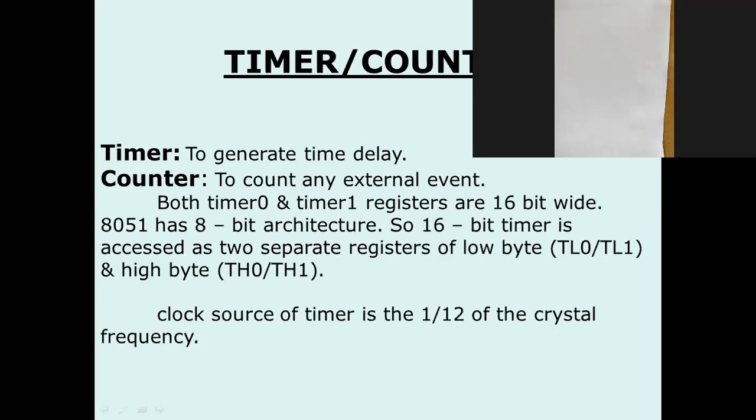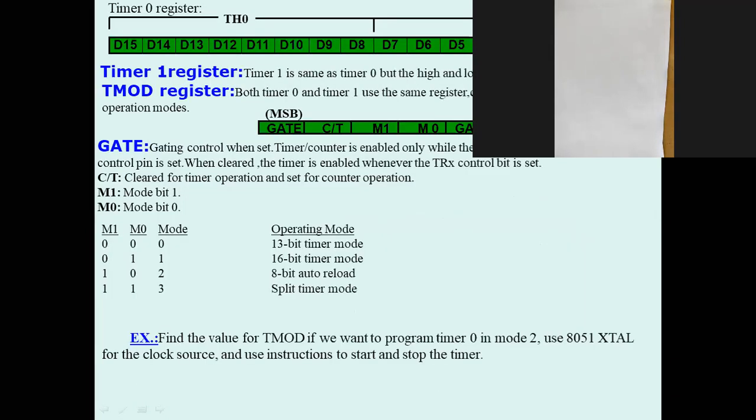This has already been discussed, because while calculating the delay using 8-bit registers, we have seen why this 1/12 of the crystal frequency is there. Now we are entering the structure of the timer 0 register. Timer 0 is a 16-bit register.